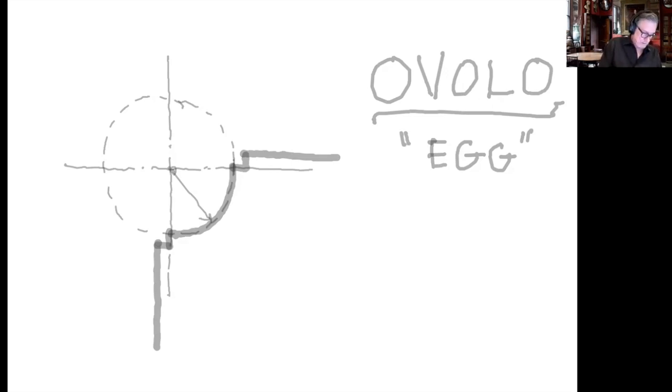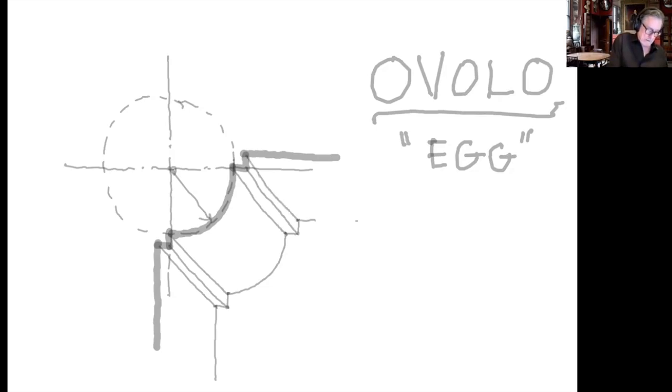So we can draw that shape, and then we can draw again our 45-degree 3D lines, give it a little character, give us a feel for what it might look like in space. We can draw our quarter circle there, and then complete our fillet at the top, and then our ceiling plane. And that is an ovolo.